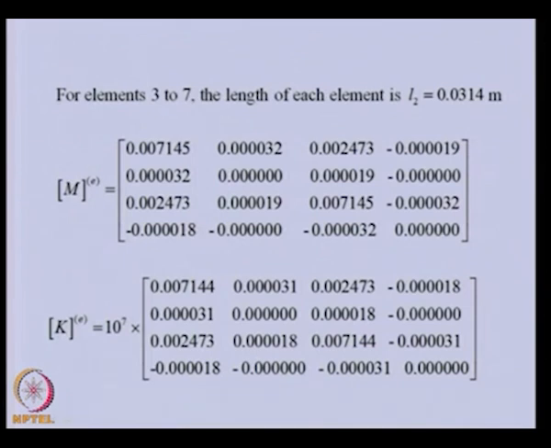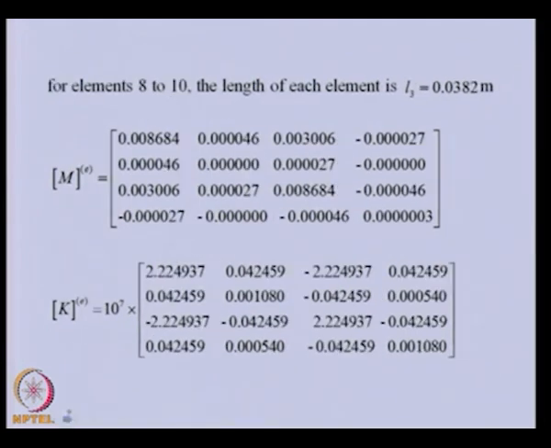So, now you can see that these correspond to elements 3 to 7, and next is from 8 to 10. So, from the second disc, on the right hand side, there are 2 more elements corresponding to that. These are the mass and stiffness matrices, and the disc mass we can add to one of the elements.